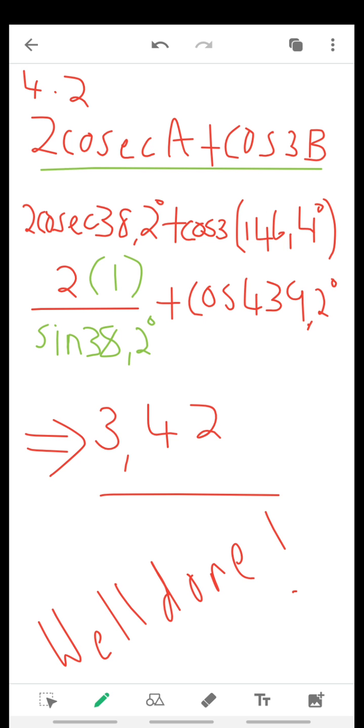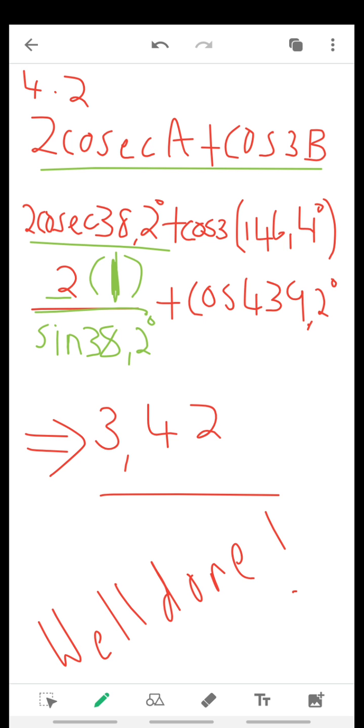Here we have a problem now because we don't know what cosec 38,2 degrees is in the calculator, but we know that cosec is the reciprocal of sine, therefore 2 is still 2, but what is cosec 38,2 degrees? It's 1 over sine 38,2 degrees.